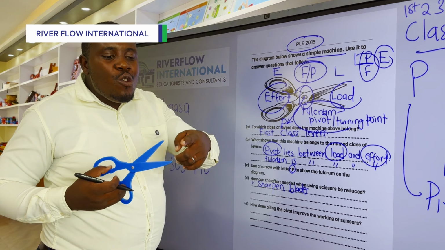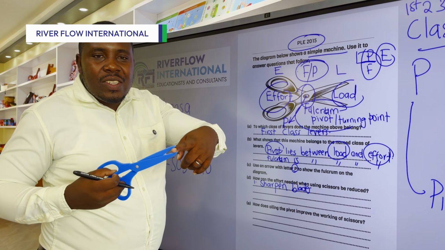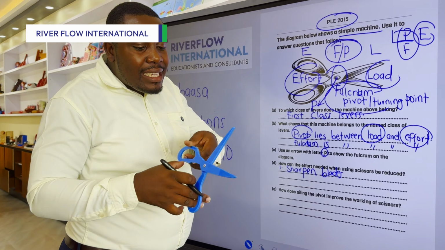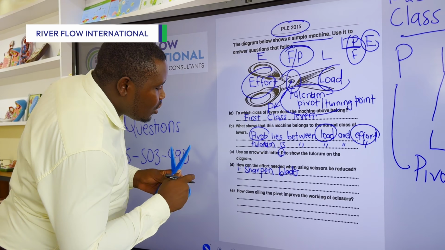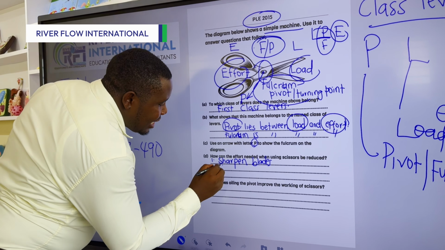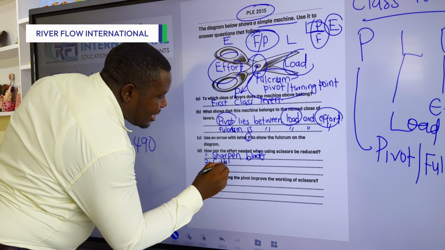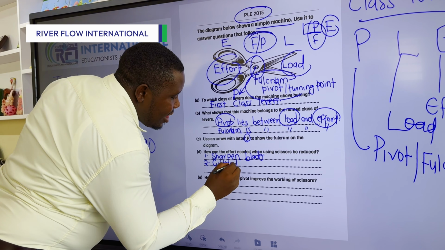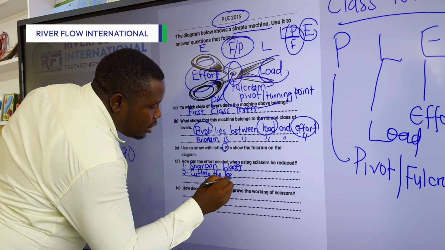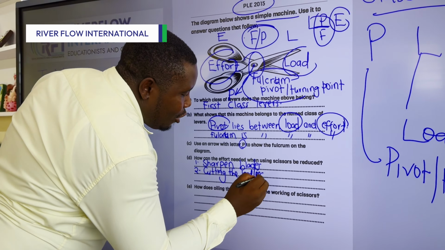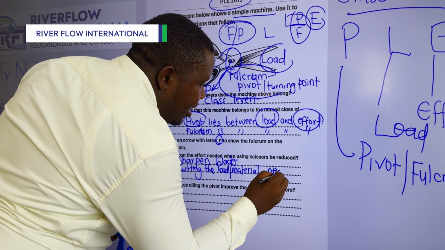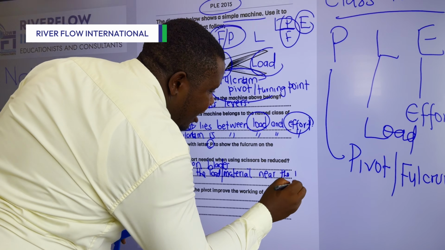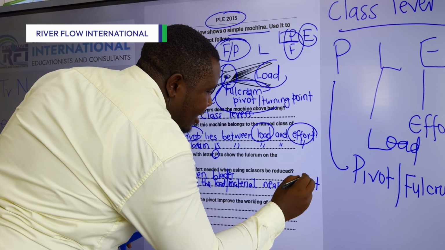Number two, usually when you cut from this end, it is harder. But if you cut the material near here, near the pivot, it is easy. So you can say cutting the load, or the material, near the pivot.